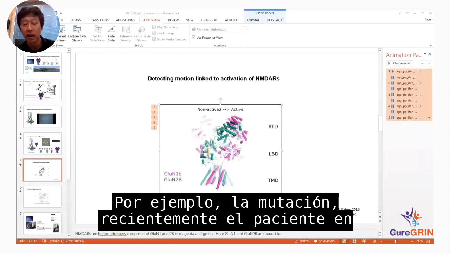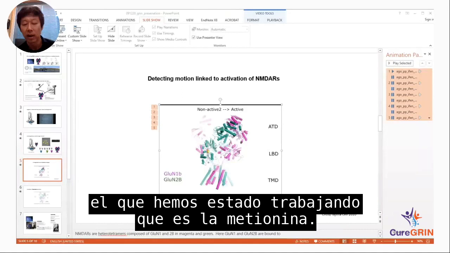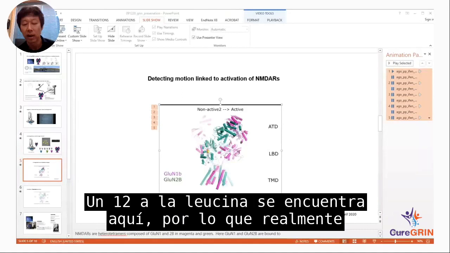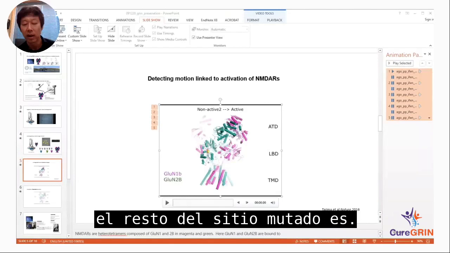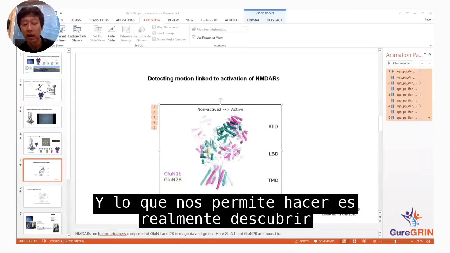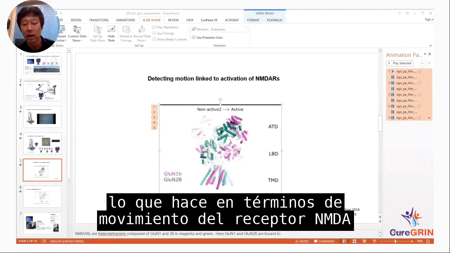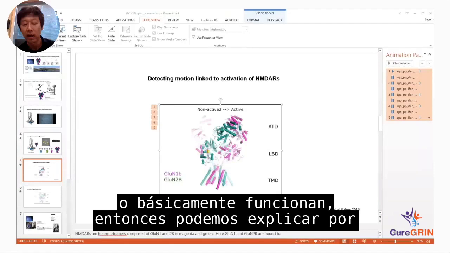For example, the recent mutation that we've been working on, which is methionine 812 to leucine, is located here. So we can actually pinpoint where the residue of the mutated site is. And what it allows us to do is to really figure out what it does in terms of NMDA receptor movement or basically function.